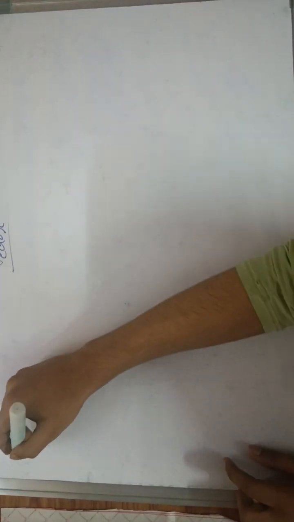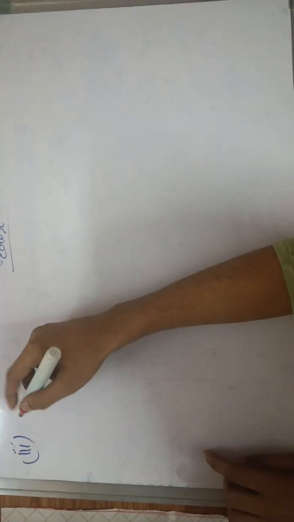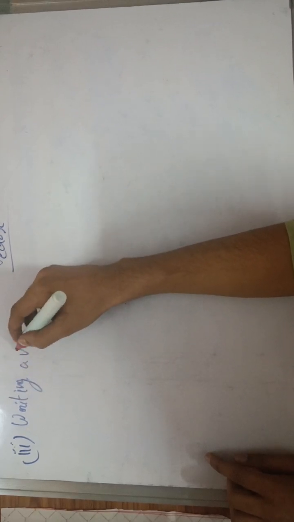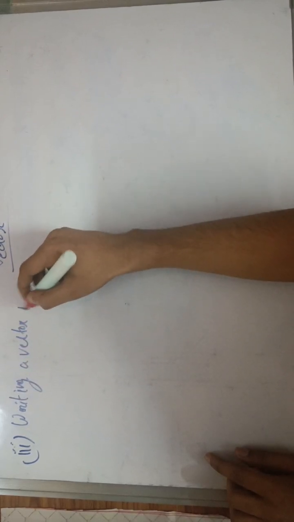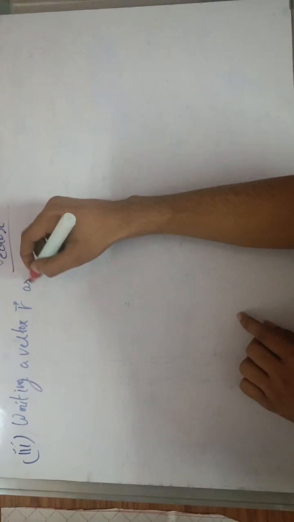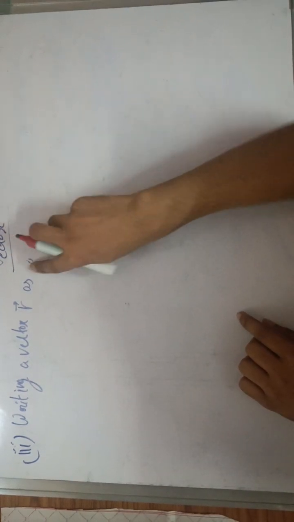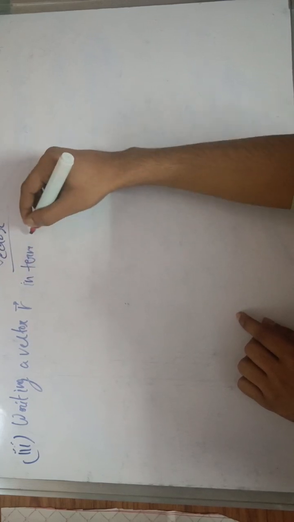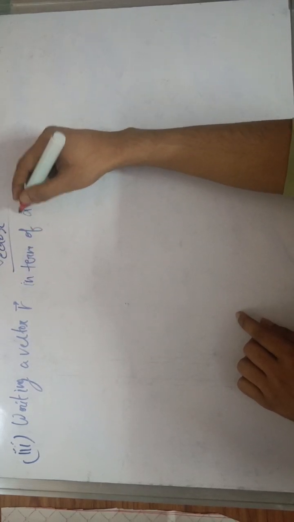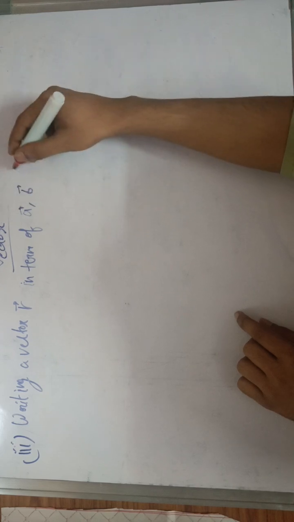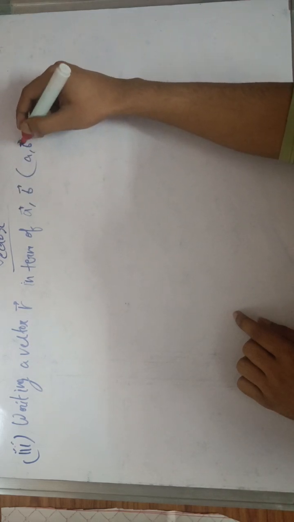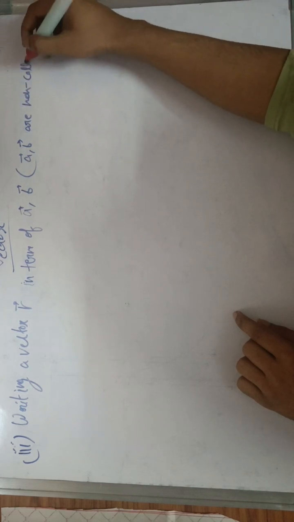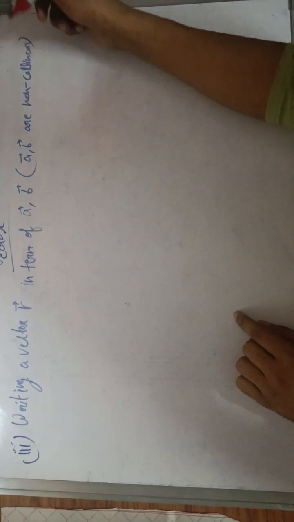This will be the third point: writing a vector R in terms of A vector and B vector, where A and B are non-collinear. It is a must condition that these two are non-collinear vectors.